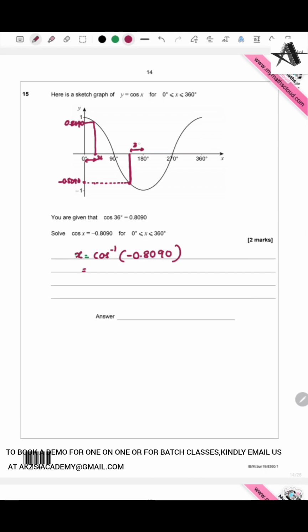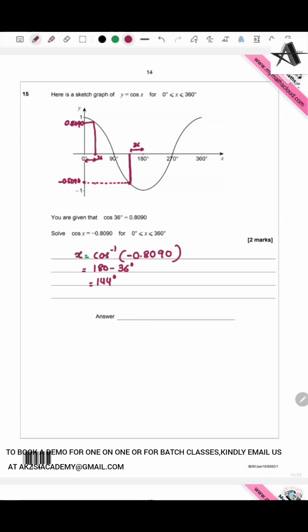That means we have to move 180 degrees towards the left side, because this is a symmetrical one, if you see that. So cos inverse is going to be then 180 minus 36 degrees, which is 144. So x is 144 degrees.